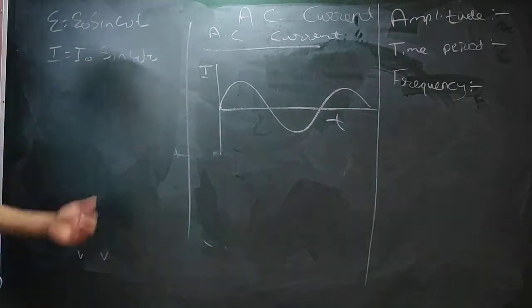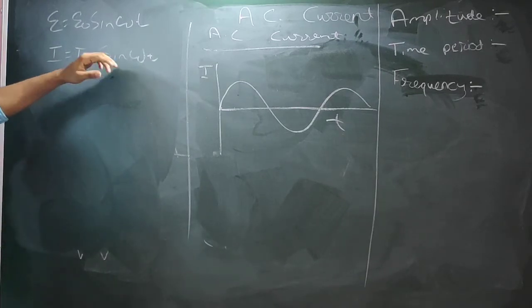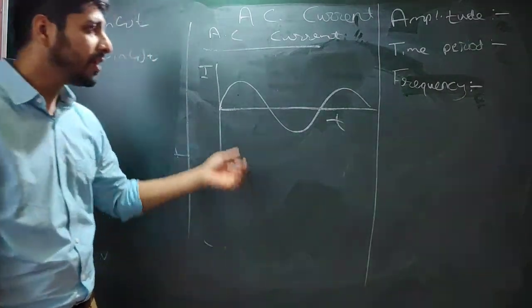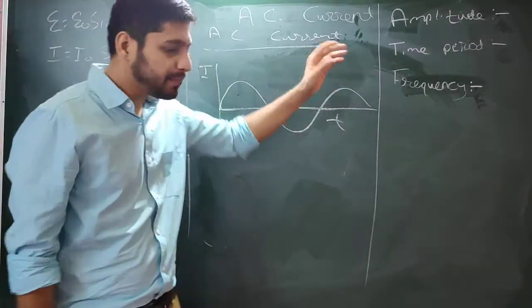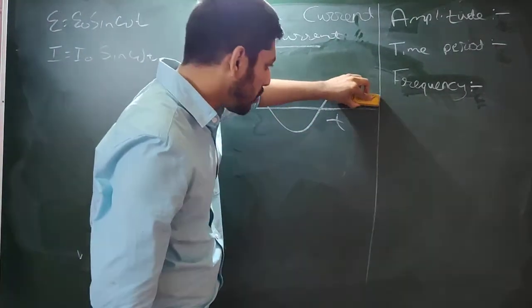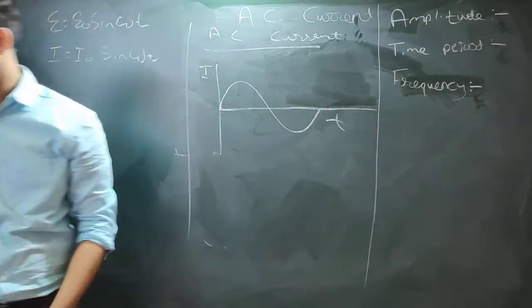We have studied this in the AC generator and before that also. So now, what is amplitude, what is time period and what is frequency? Just because we want to understand the concept, I am rubbing out the extra cycle. We'll complete only one cycle so that it is easy to understand.